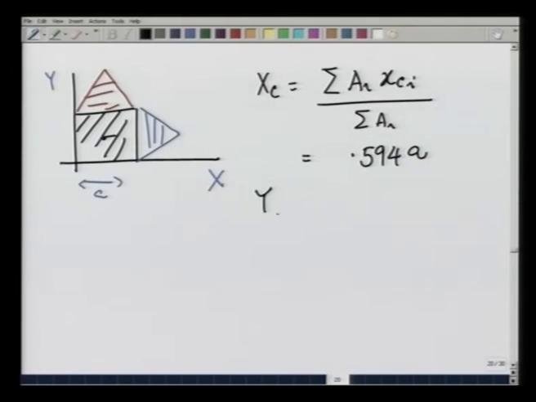Similarly, you can calculate y c, which again comes out to be 0.594 a.